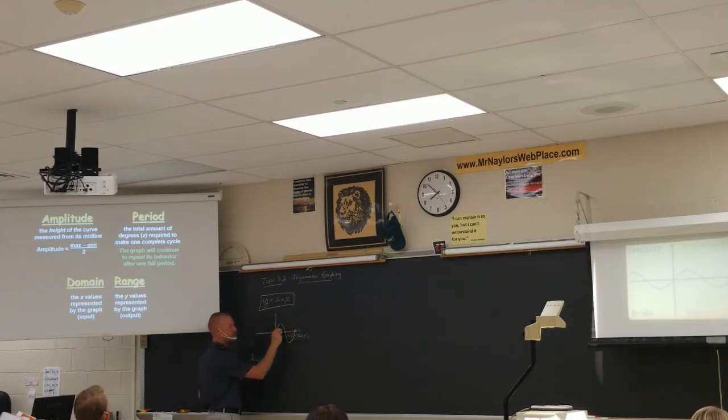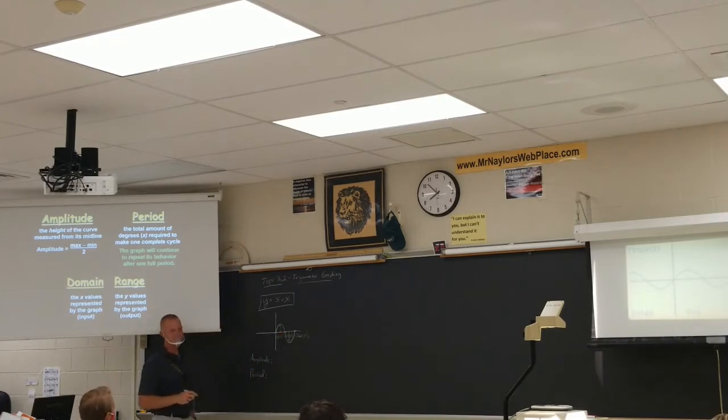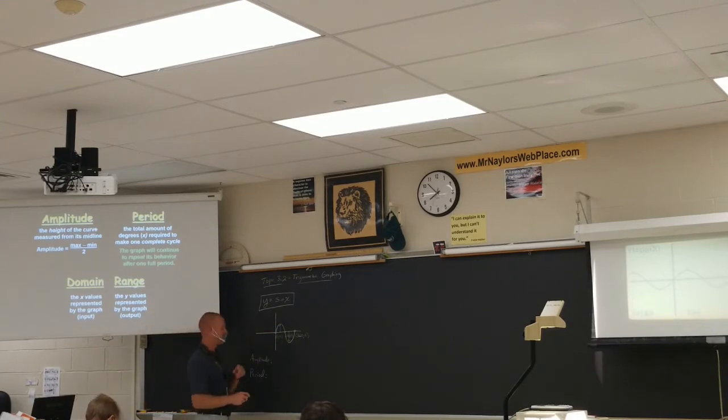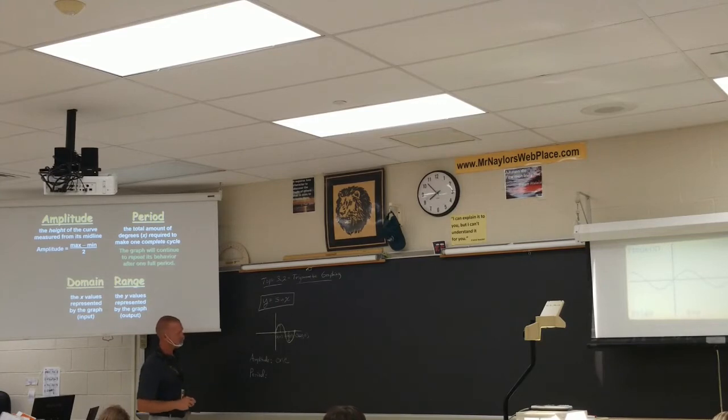But if you look at the distance from the midline up to a maximum or a minimum, you can see that that distance, denoted by those yellow arrows, is 1. That distance is 1. And that's why the amplitude is 1. I'll just spell it out to emphasize a little more. But again, it's that distance.